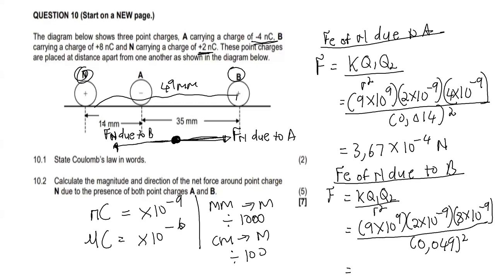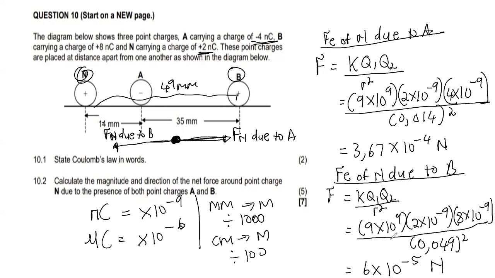Okay. So doing this one, we get 5.99. Let's round it off to 6. So it's going to be 6 times 10 to the exponent of negative 5 newtons.